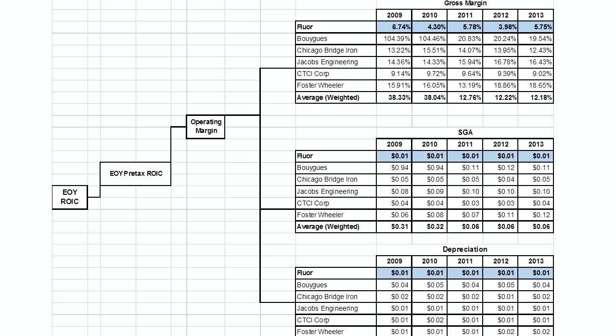Over the same time, SG&A stayed the same for Fluor, but decreased significantly for the industry, and this again was because of Bouygues. They were the only one that had a significant decrease in SG&A. So the market as a whole saw a pretty steady SG&A, and depreciation really didn't factor into the operating margin.